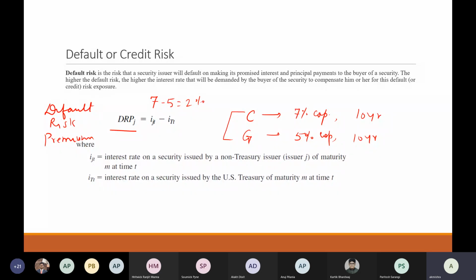And you can see that if a company is less creditworthy, or its investment rating is very low, the investor will expect a high default risk premium.